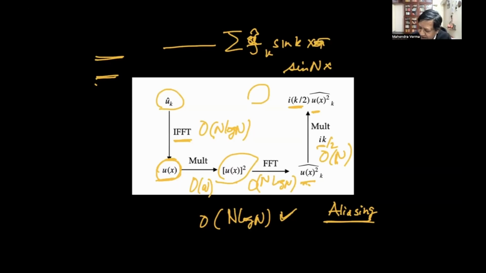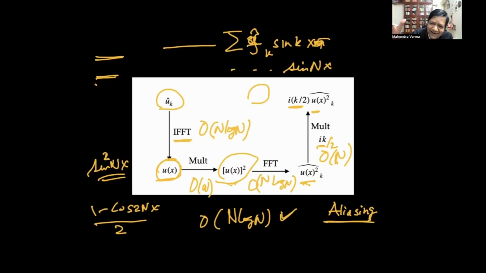Now, when I do the square, I'll get sine squared of nx, correct? When I convert the quadratic to linear, it's going to be 1 minus cos 2nx, divided by 2. I mean, there is that expansion.